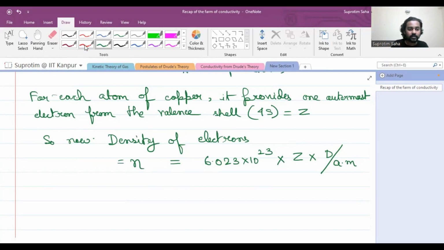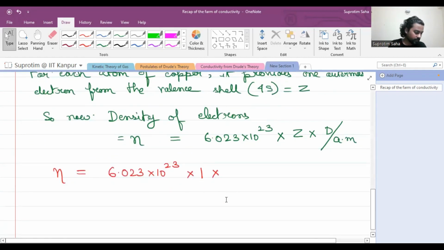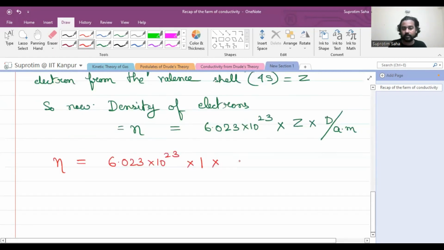So n is given by Avogadro's number of atoms, Z here for our case is 1, times the density of copper divided by the atomic mass of copper.